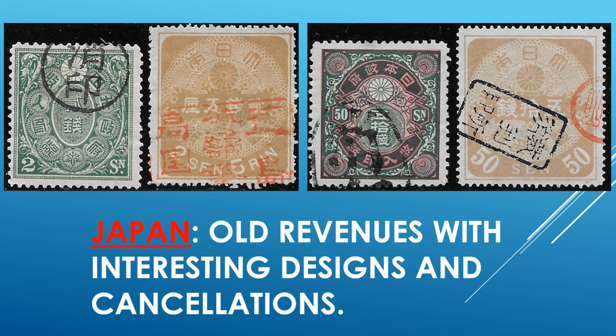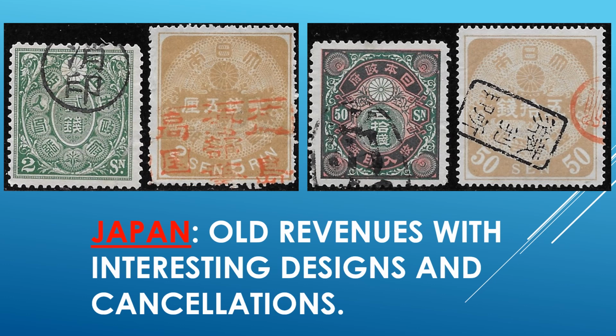And here we have some Japanese revenue stamps. They seem to be of an older vintage. Also interesting designs, and intriguing are the different cancellations. Revenue cancellations, I'm sure, but still quite interesting.